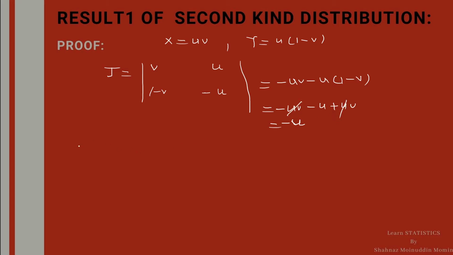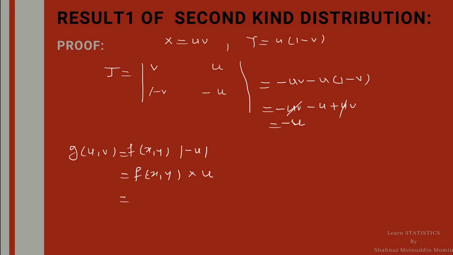Hence, the joint PDF of u and v is given by g(u,v) equal to f(x,y) times the absolute value of minus u, which is equal to f(x,y) multiplied by u.